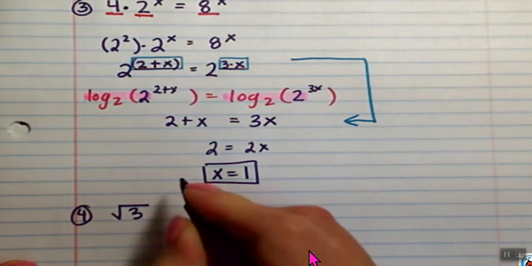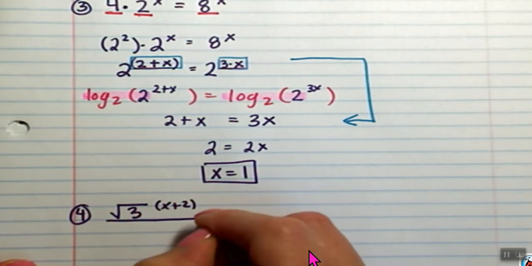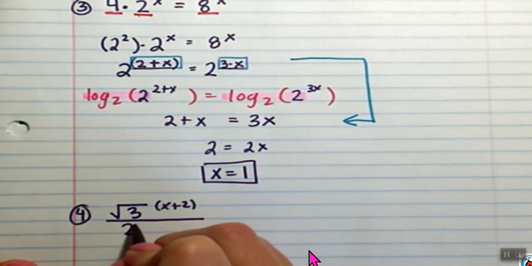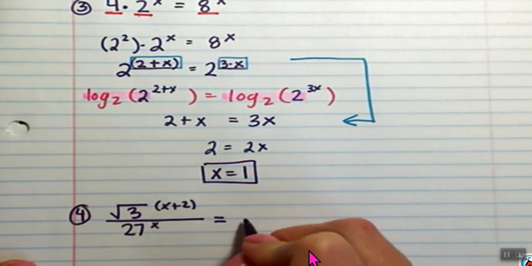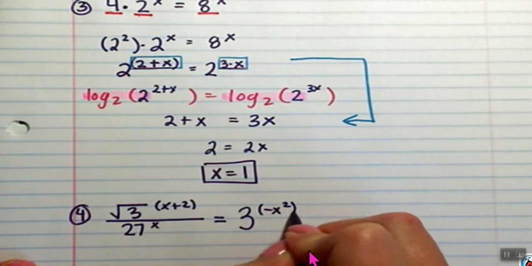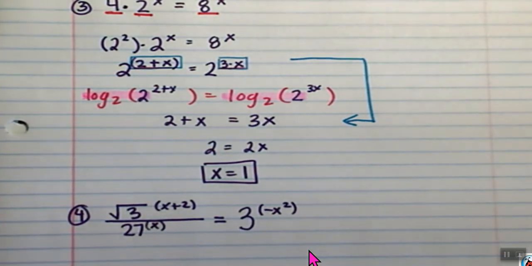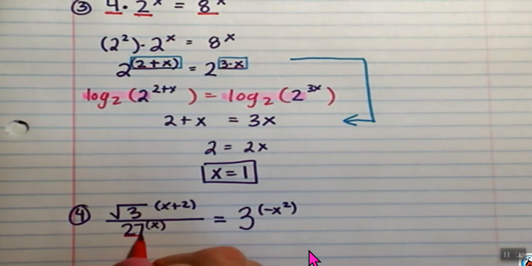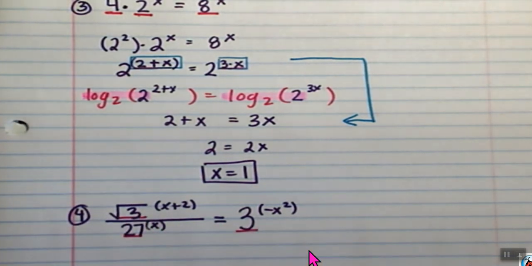Square root of 3 to the x plus 2 power divided by 27 to the x equals 3 to the negative x squared. All right, so I have 3 pieces here. That's what I'm looking at, these 3 pieces.